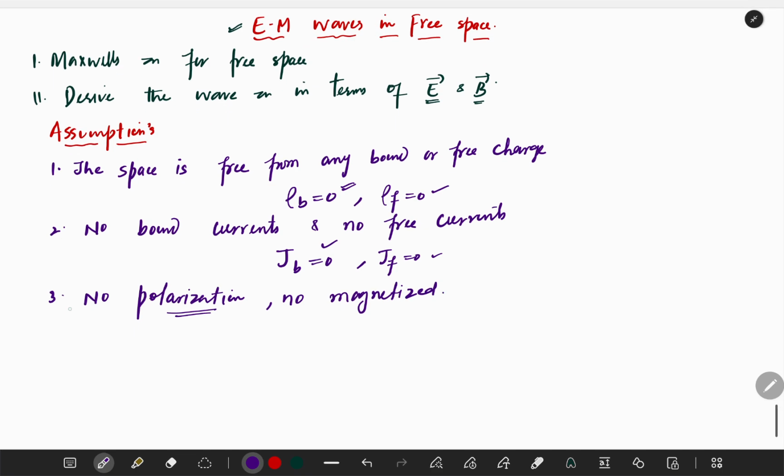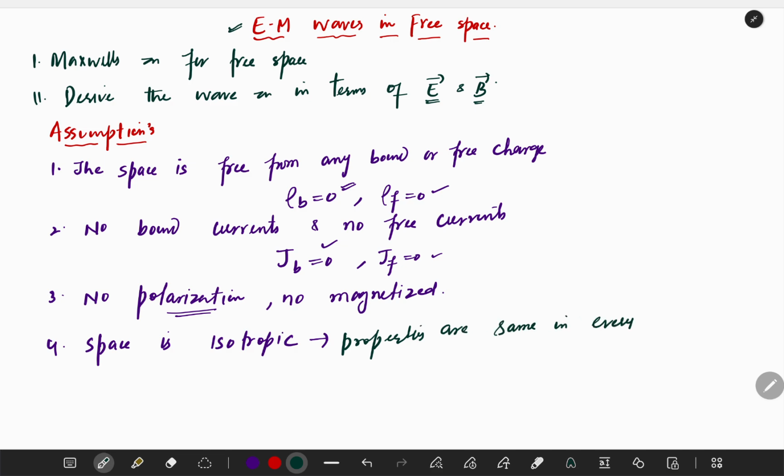Okay. The fourth assumption is that the space is isotropic. When we say isotropic, we mean all the properties are the same in every direction.